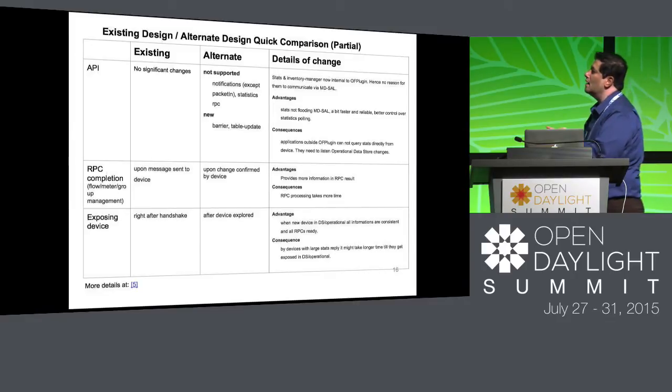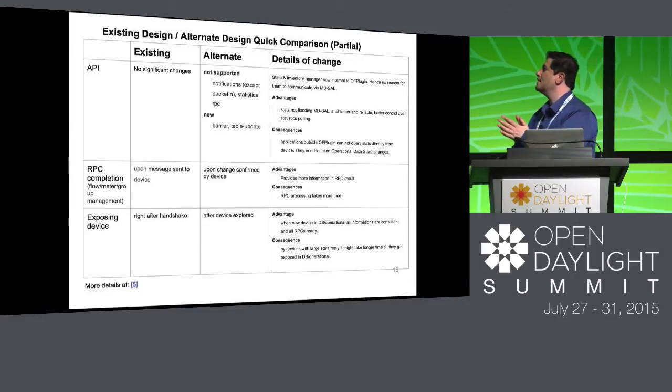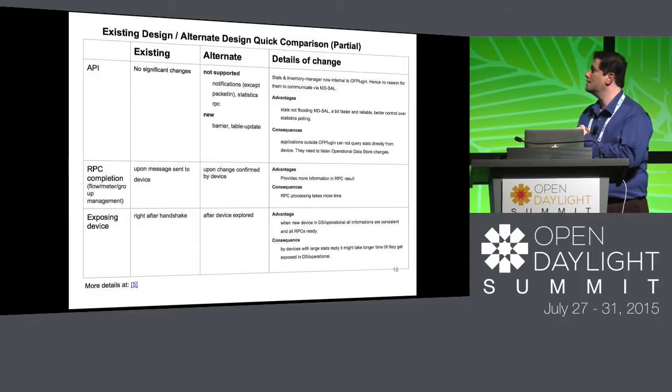Things like the stats manager and the inventory manager are now internal to the OF plugin. So there was no reason for these to communicate through the MD-SAL. Anil had this diagram where he showed this going through the MD-SAL, but because these are applications within the OpenFlow plugin, they have no reason to go through the MD-SAL. That's the major change.